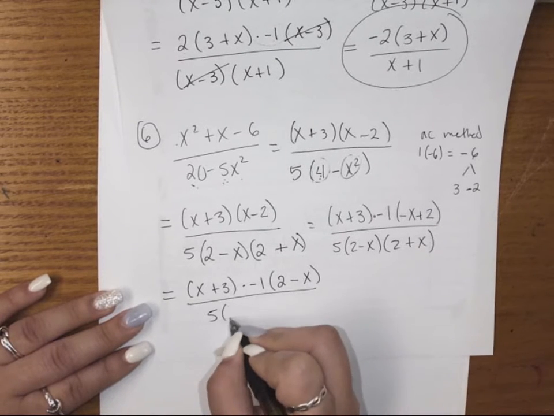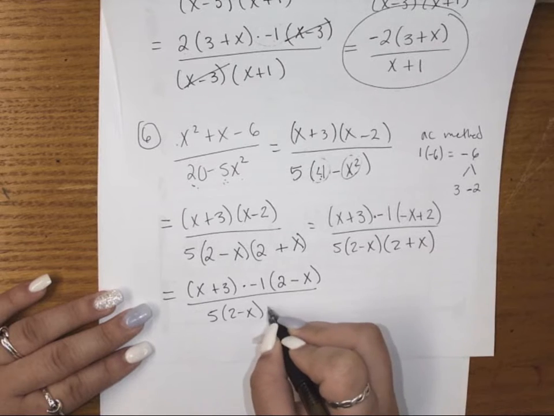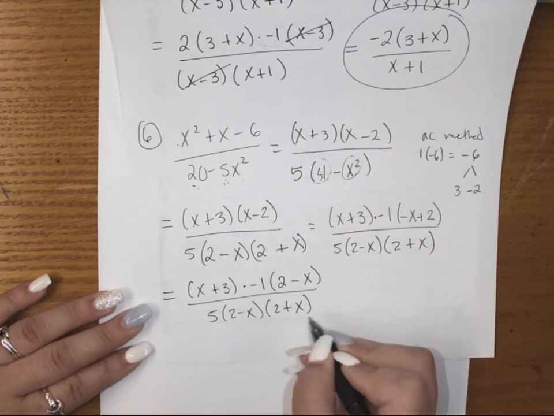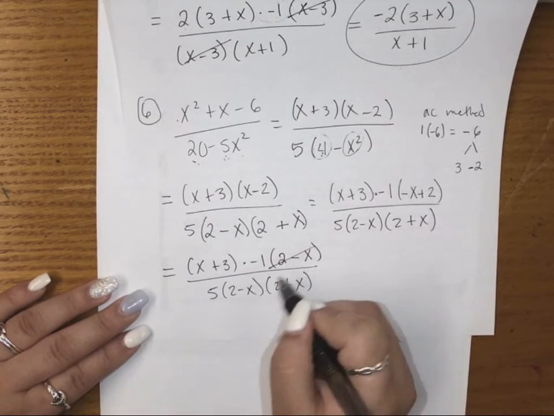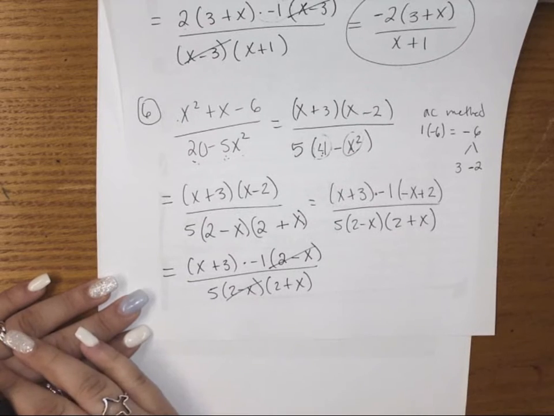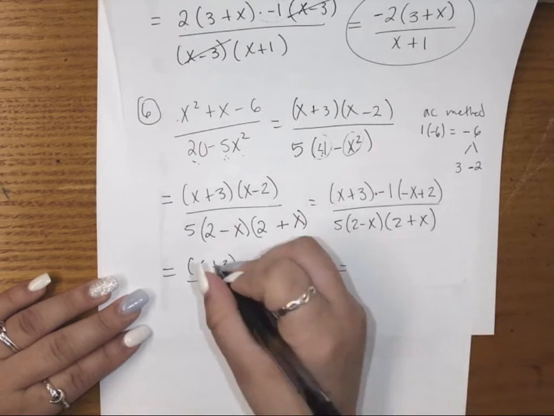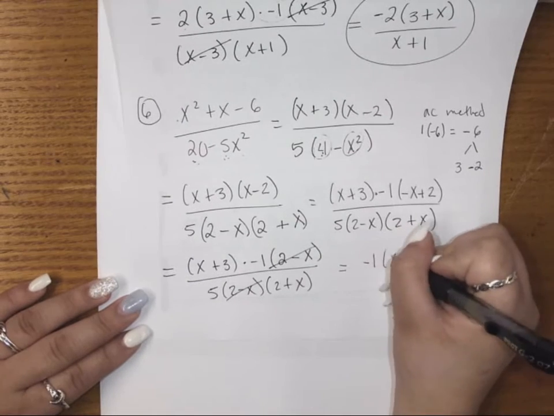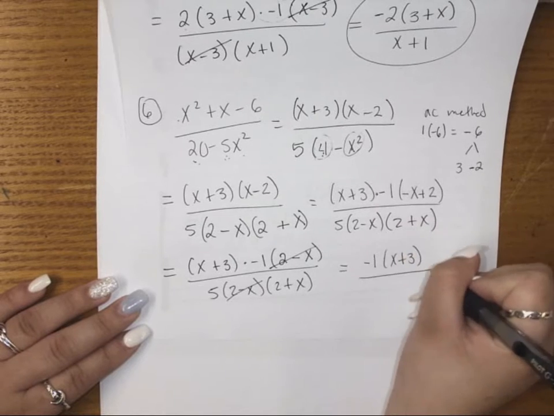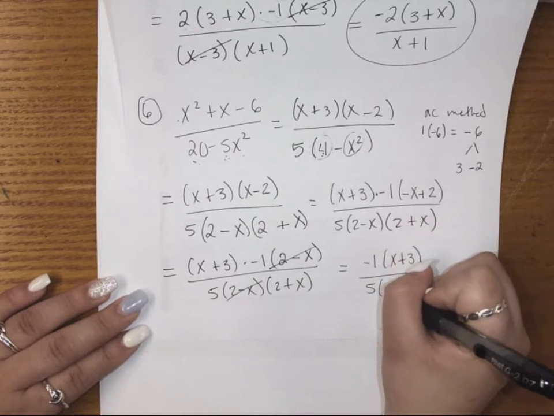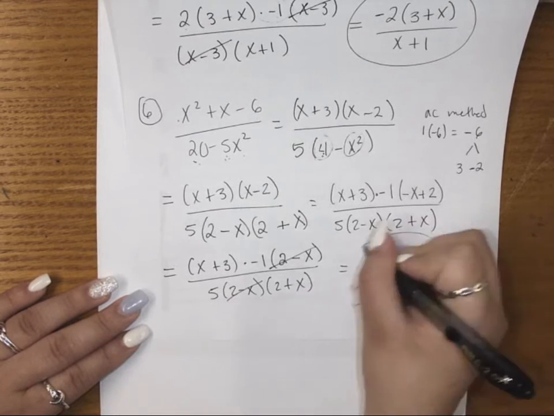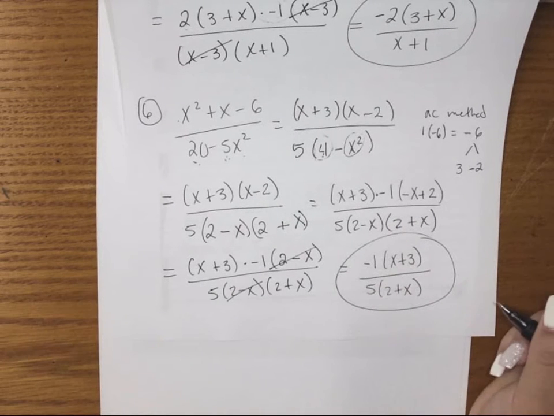Now you can see we have 2 minus x on top and 2 minus x on the bottom, so they're going to cancel out. When we simplify this, we end up with negative 1 times x plus 3 on top, and we're left with 5 times 2 plus x on the bottom. Since nothing else cancels out, we stop there, and that's our answer.